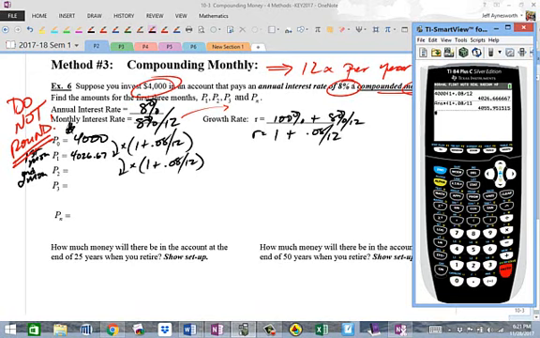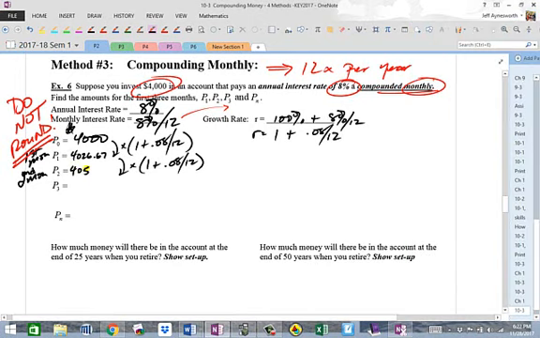Let me start over. Okay, I fixed it. You have to divide by the right number here. So I get $4,053.51.